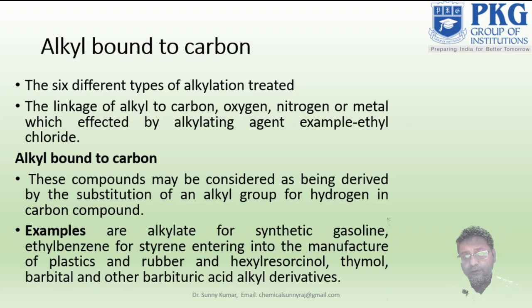For example, alkylates for synthetic gasoline, ethylbenzene for styrene entering into the manufacture of plastic and rubber, and hexylresorcinol, thymol and barbital and other barbituric acid alkyl derivatives are examples of this alkyl bound to carbon.